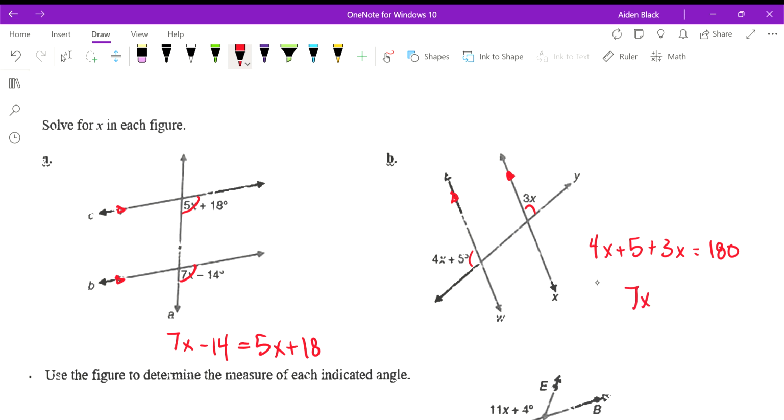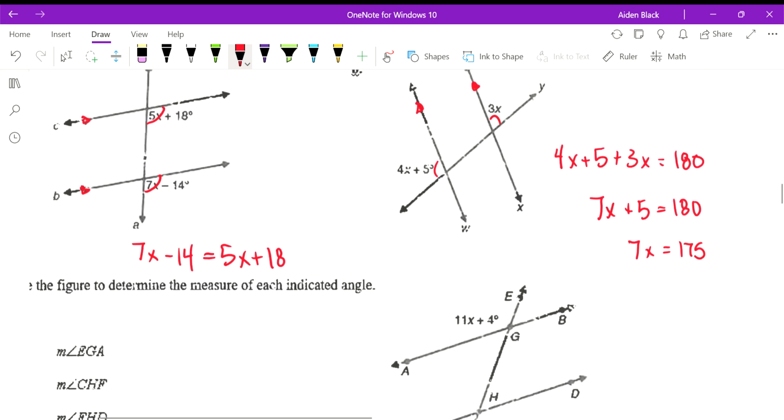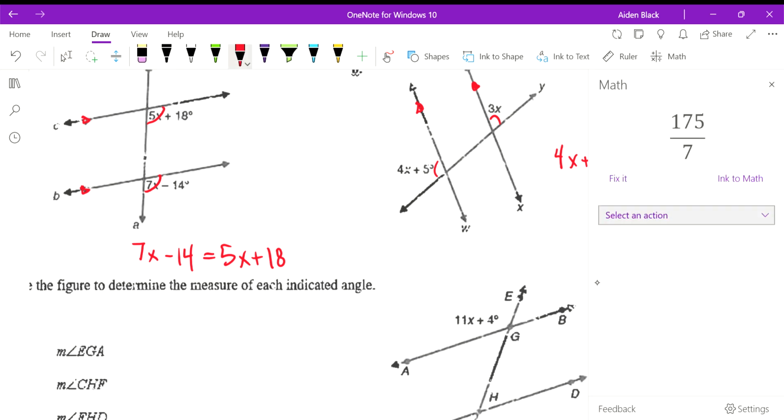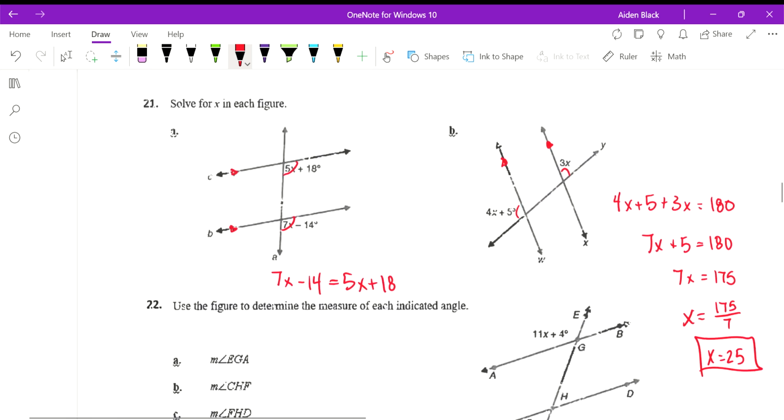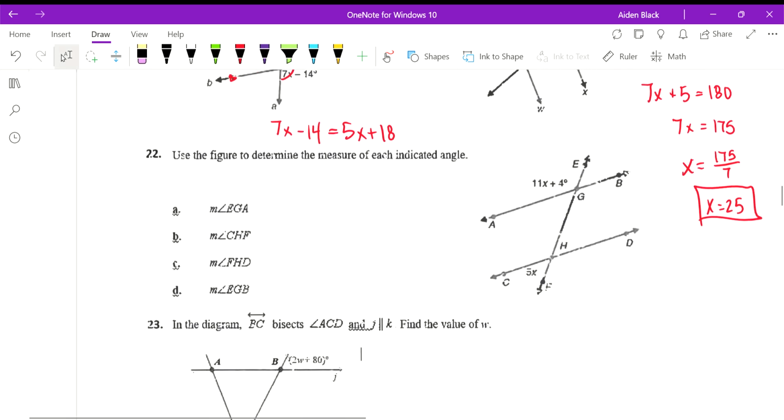So you can solve from there. Nice, 25. There you go. It's just asking to solve for x, so we don't need to plug that value back in.